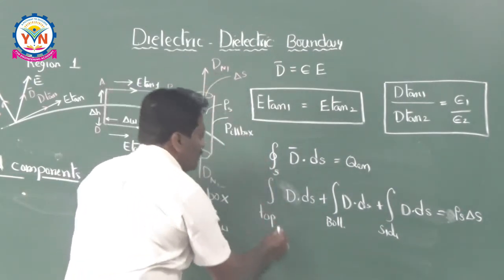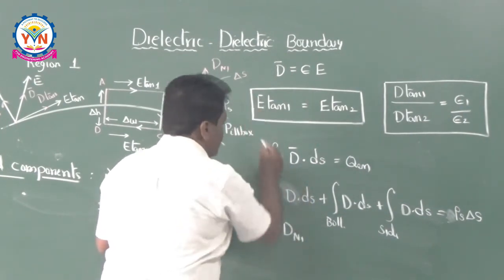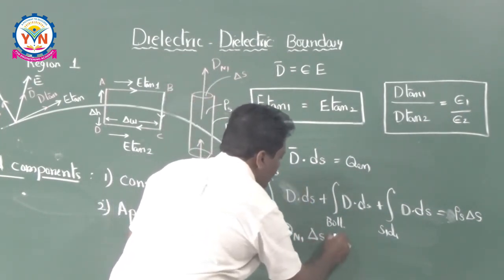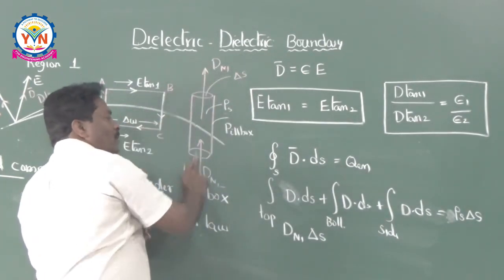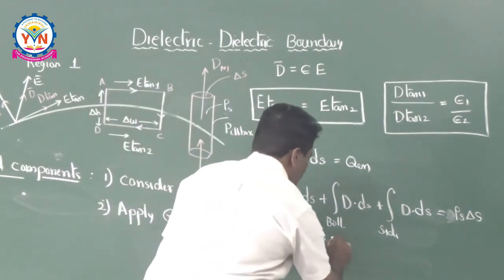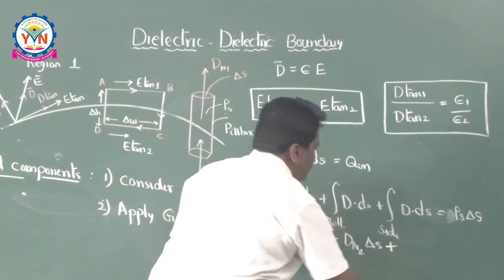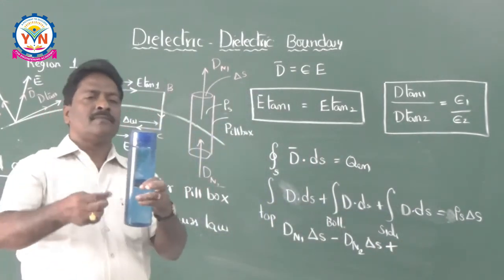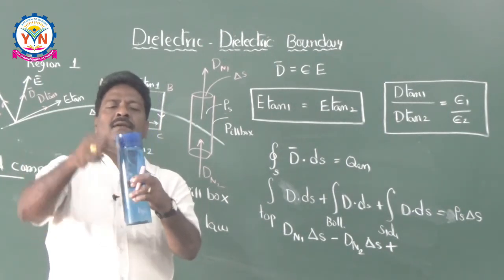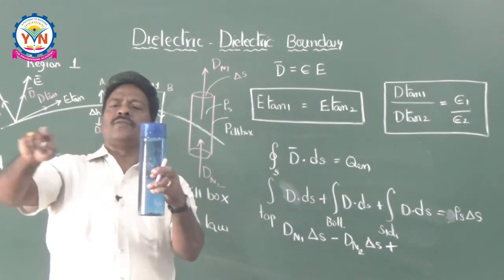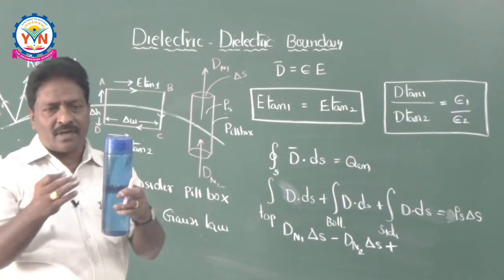D here is Dn1 into delta S. Plus bottom means in the opposite direction, it is approaching the boundary, so minus Dn2 into delta S. Plus sides means Dn1 is in this direction, the surface is in this direction, the angle is 90 degrees, and cos 90 is 0.